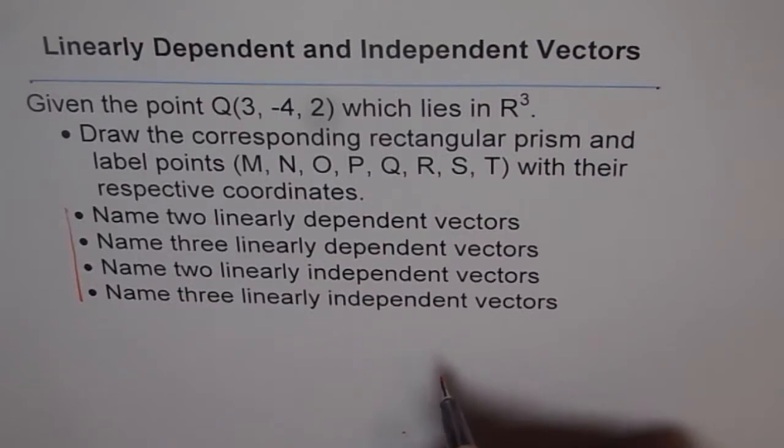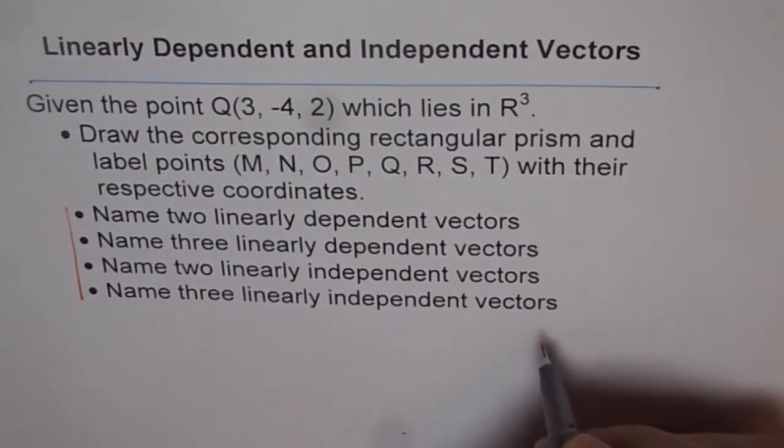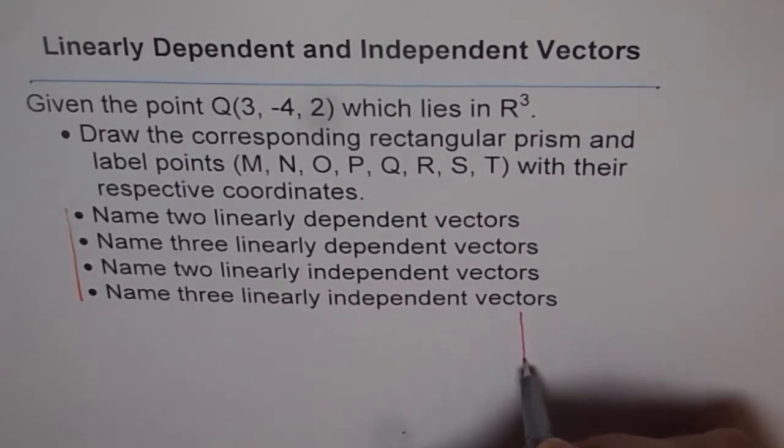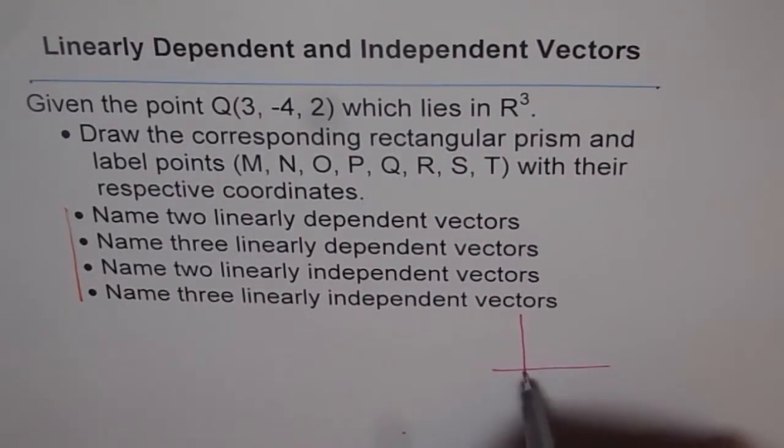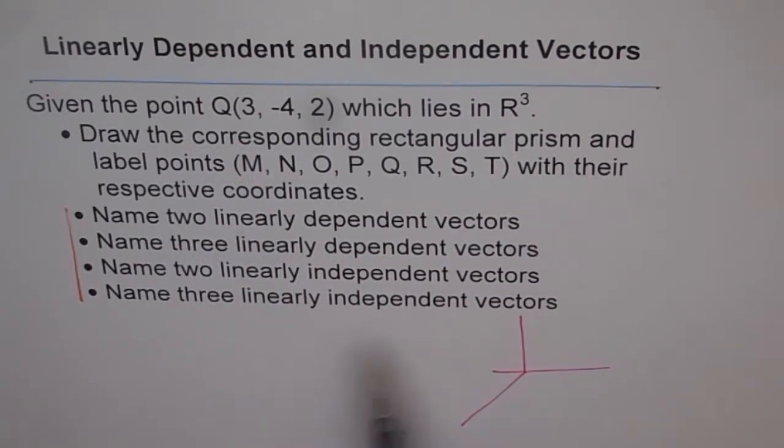I notice that the point is (3, -4, 2). If we have a prism here, then it will be on that side, because for point 3 we go 3 units on this side, 4 there, and then we have a prism on this side of our Cartesian space, R3. So straight away I will sketch my prism.